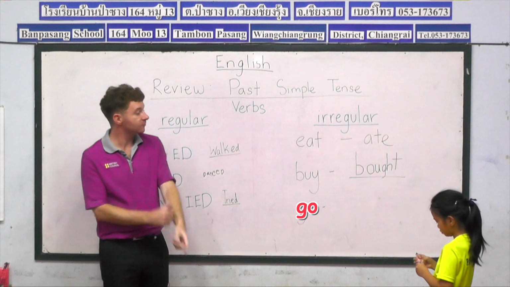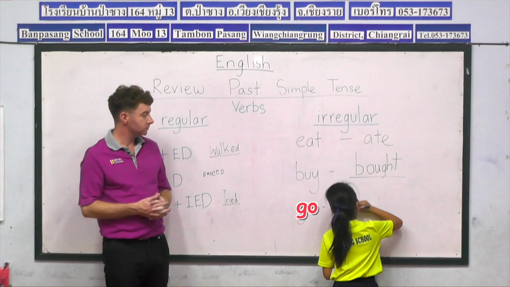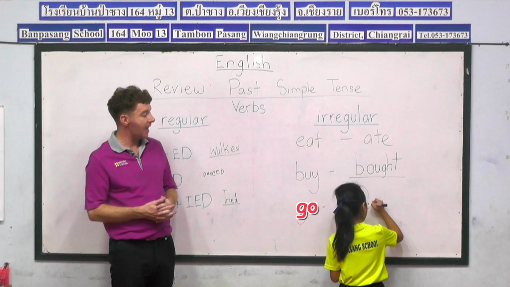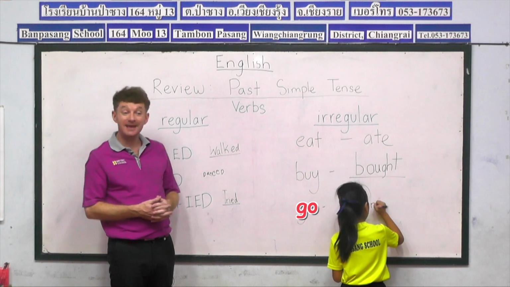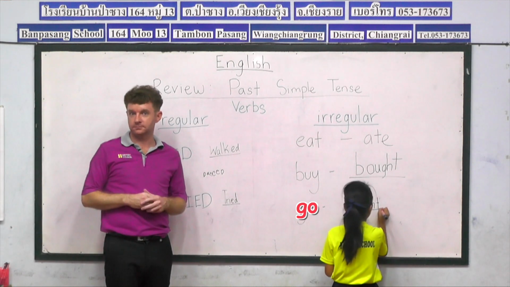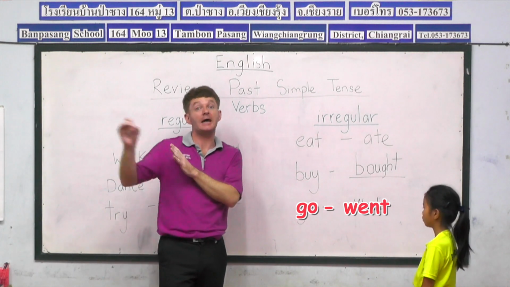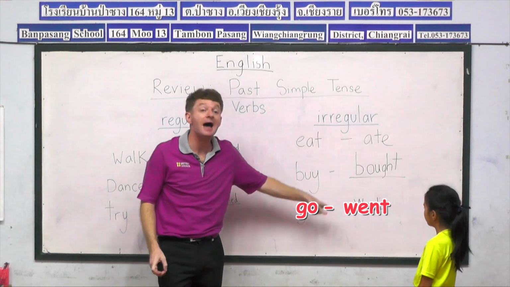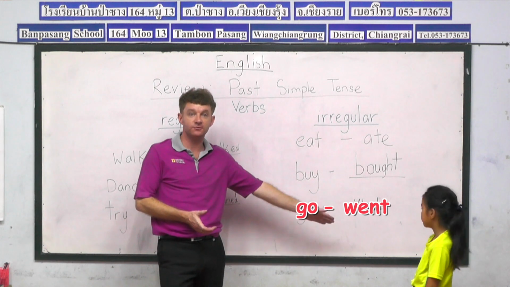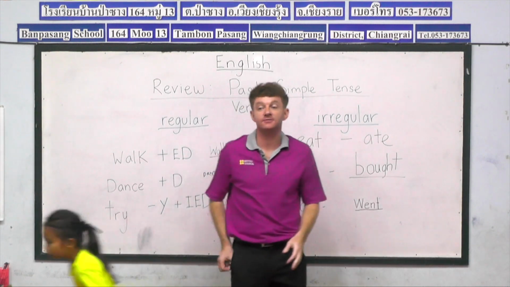Well remembered. So Prel, can you demonstrate how we can write went? W, E, N, T. You see, the word changes completely. I go to school. But when we talk about yesterday or last week, we don't say I go to school, we say I went to school. And this is what we mean by irregular verbs. So Prel, that was brilliant. High five and a big round of applause for Prel, guys.